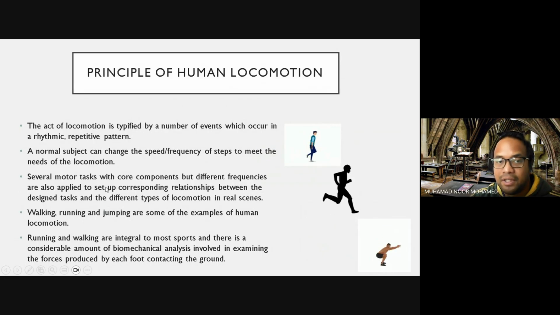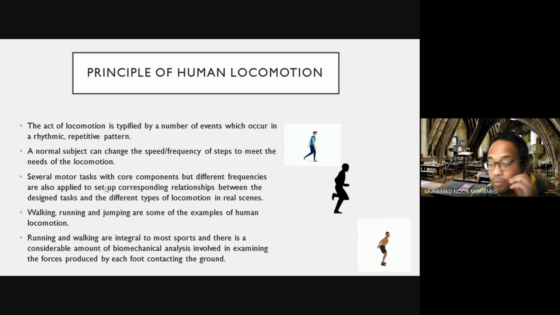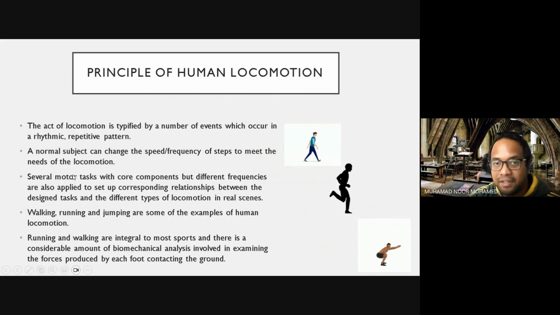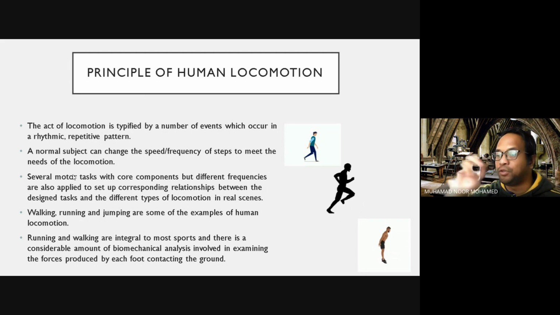This means, if we try to have movement, it will involve a set of instruction. Okay, like I said earlier, it will start with our sensory. For example, we see forward and we have the intention to move forward.